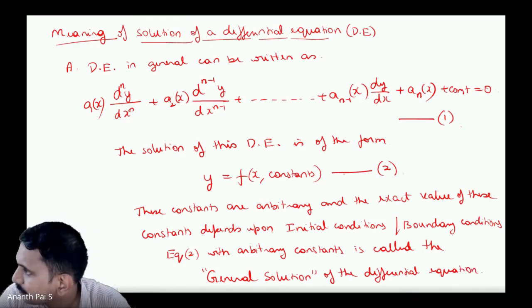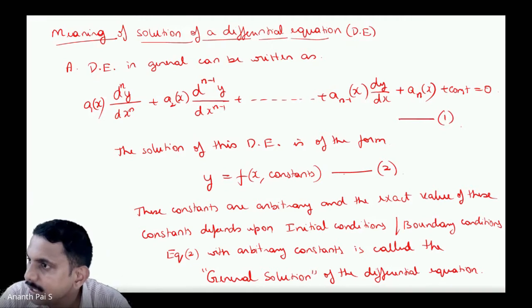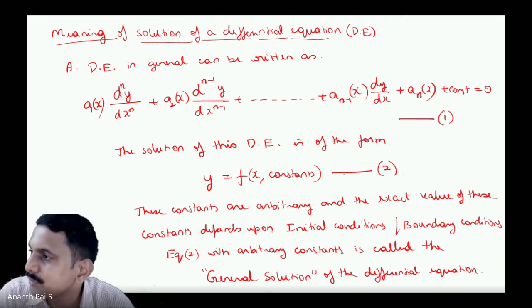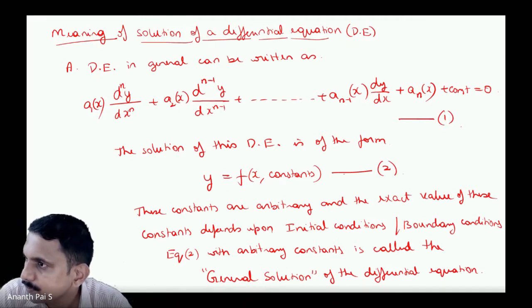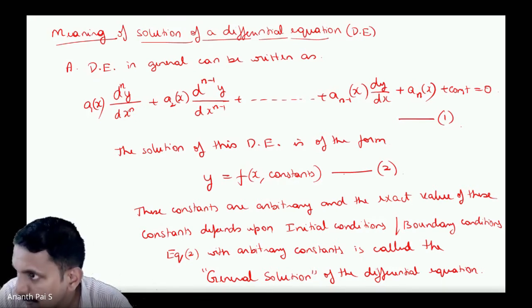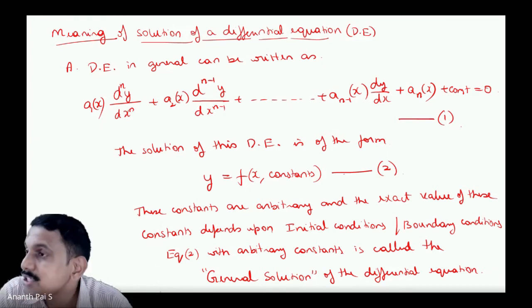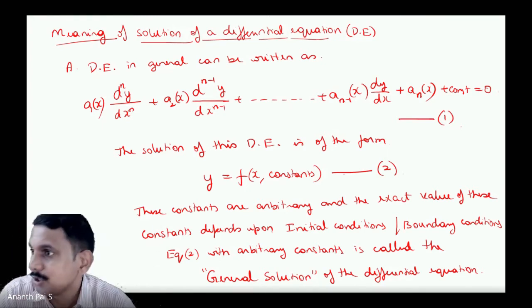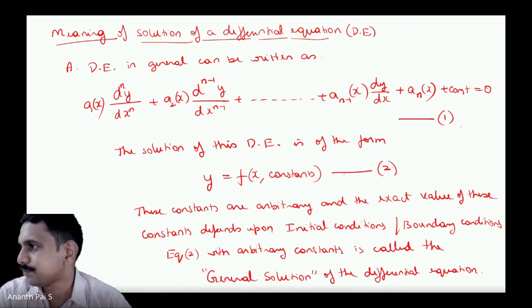When these arbitrary constants are there, it is called the general solution of the differential equation. When those constants are determined by applying boundary conditions or initial conditions, you get the particular solution.